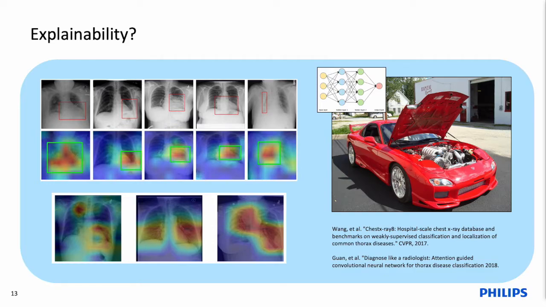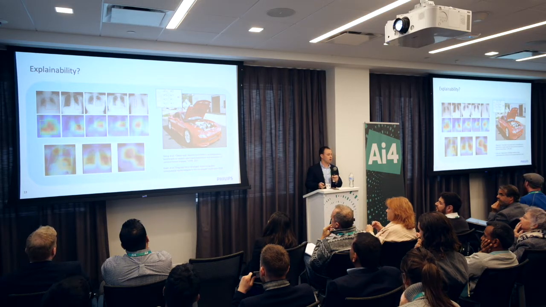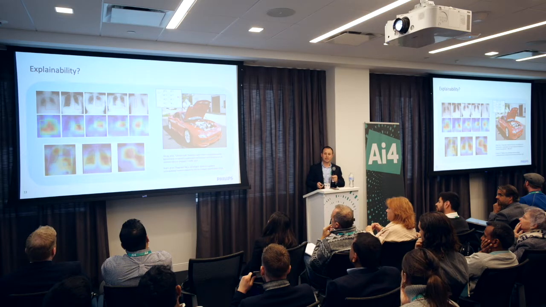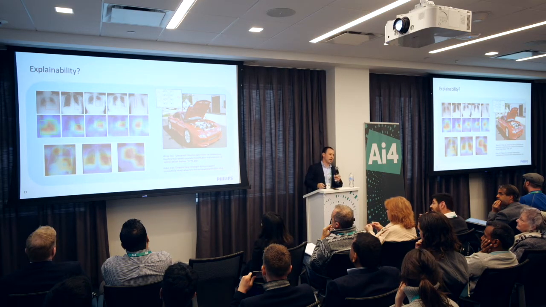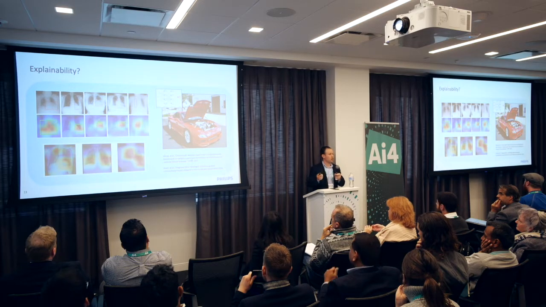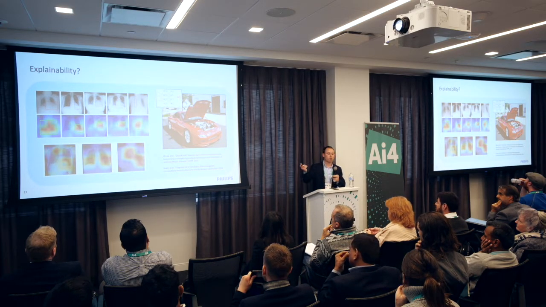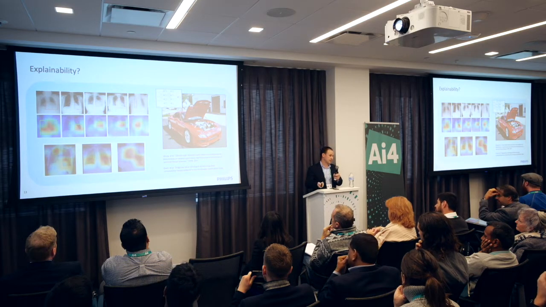But there are a couple of things that we can improve upon for this type of method. One is, as I said before, I'd like an end-to-end method. This is not done jointly. So first we do the classification, and then we look at the result. So the heat map is not generated during the optimization. So you could correctly classify the image, but get a heat map that really doesn't make sense.